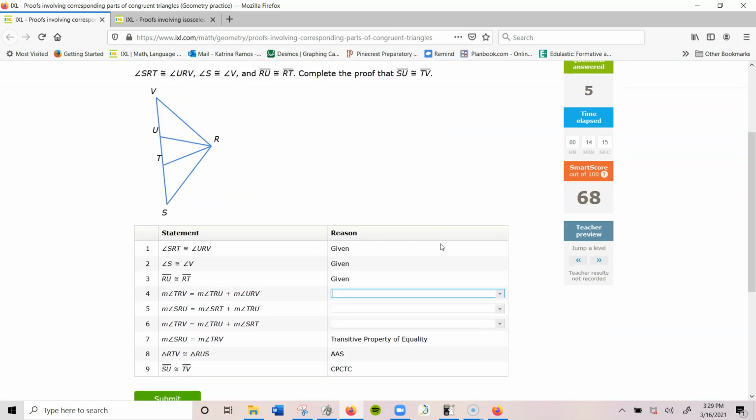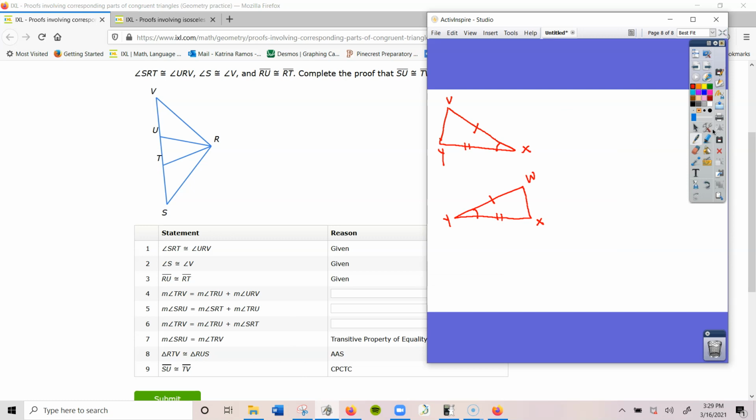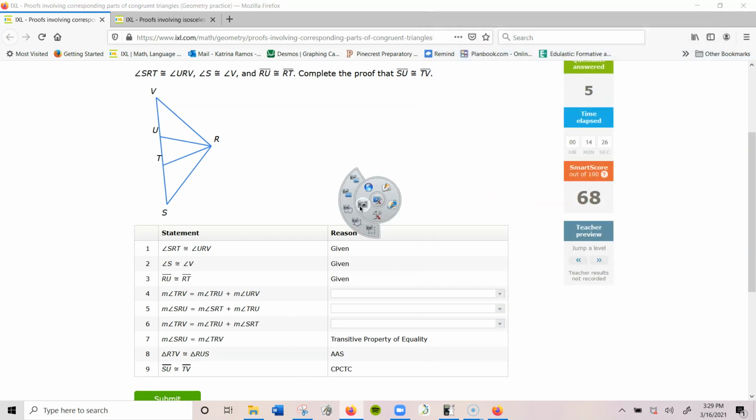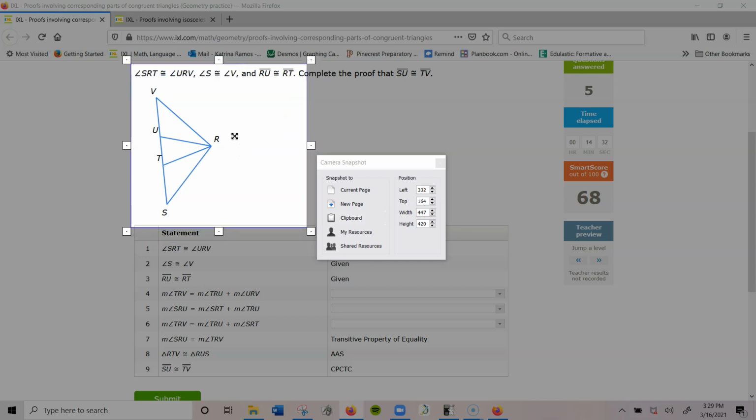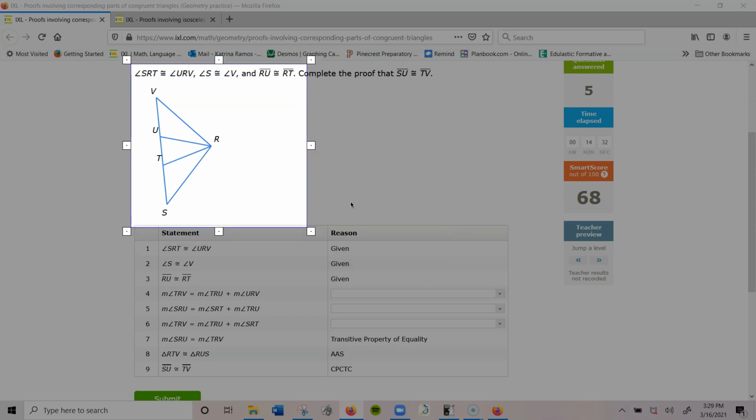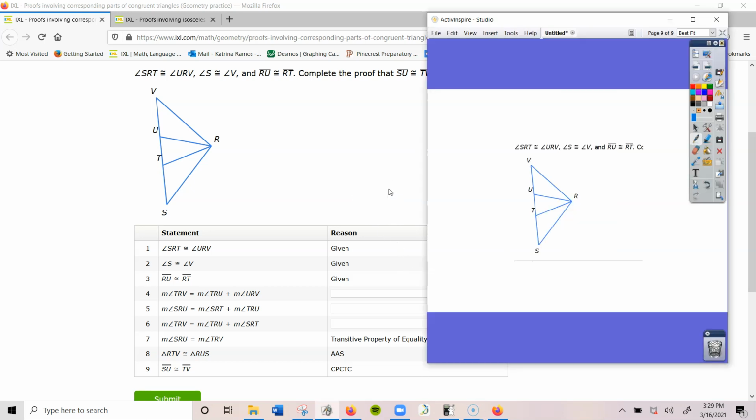All right, let's wrap this up with one more, and then we'll move on to the next IXL. So I'm just going to copy this diagram just in case. Okay, so what do we have here?